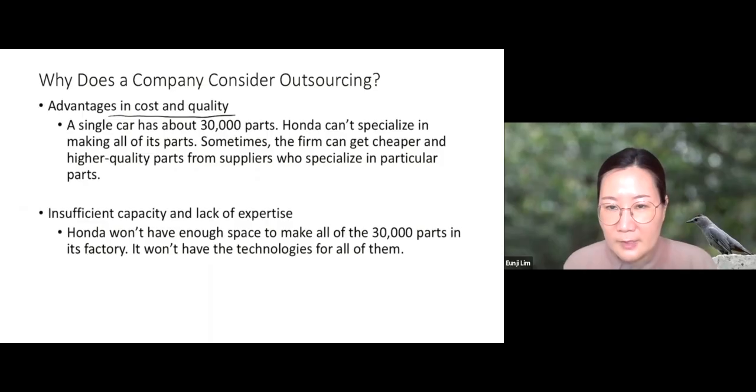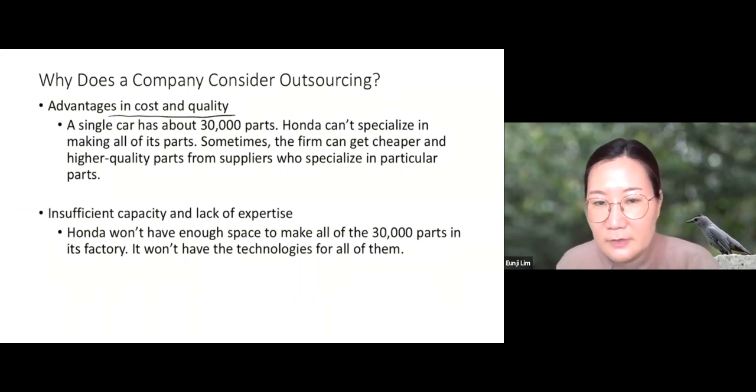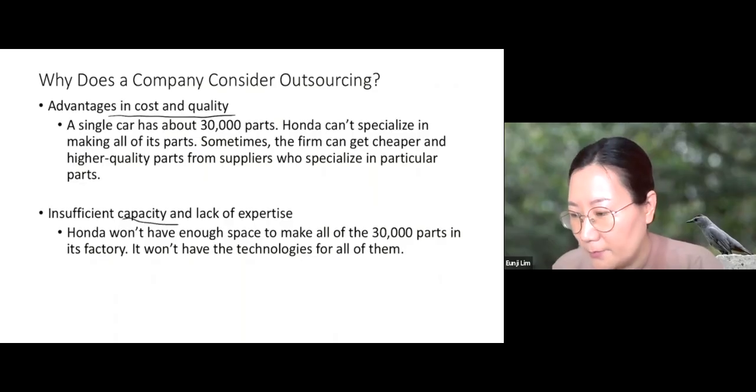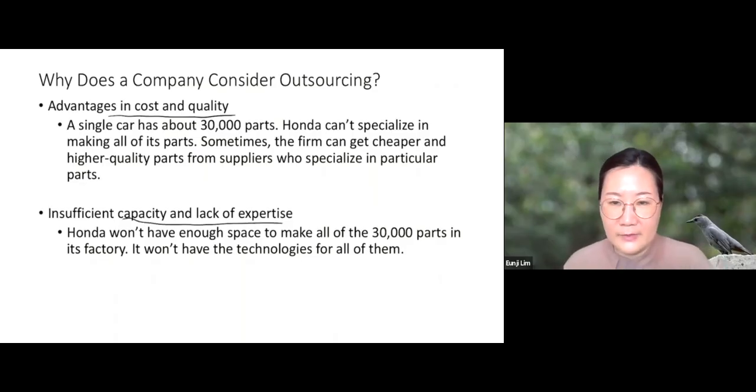Sometimes the firm can get cheaper and higher quality parts from suppliers who specialize in particular parts. Another reason is insufficient capacity and lack of expertise. For example, Honda won't have enough space to make all of the 30,000 parts in its factory. It won't have the technologies for all of them.